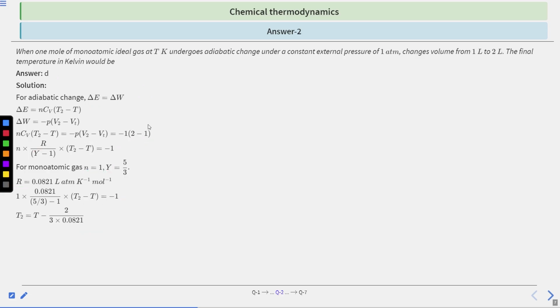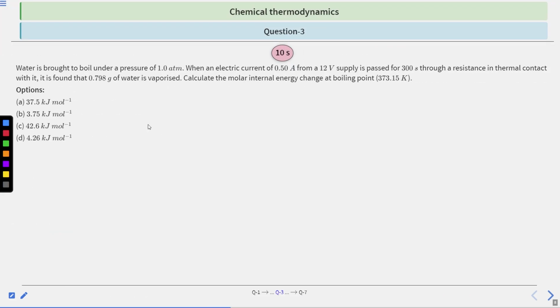Okay, so let's see the next question. Question number 3. Water is brought to boil under a pressure of 1 atmosphere. When an electric current of 0.5 ampere from a 12-volt supply is passed for 300 seconds through a resistance in thermal contact with it, it is found that 0.798 gram of water is vaporized.